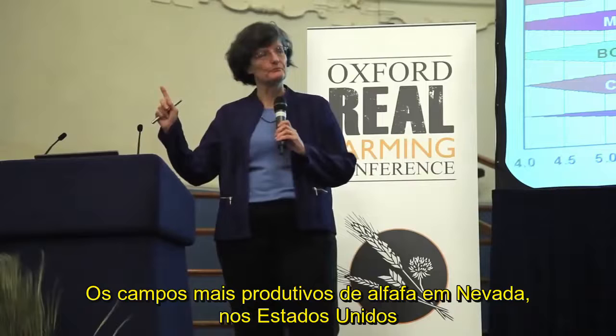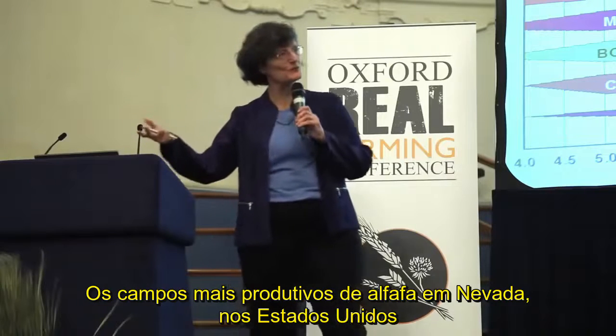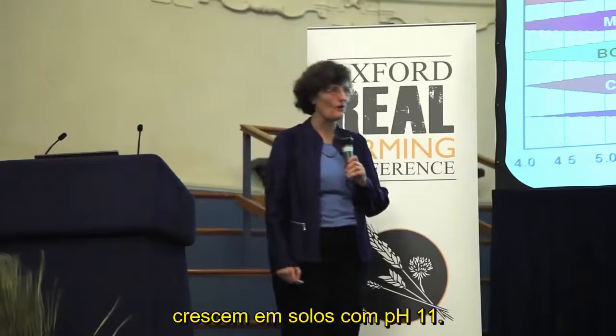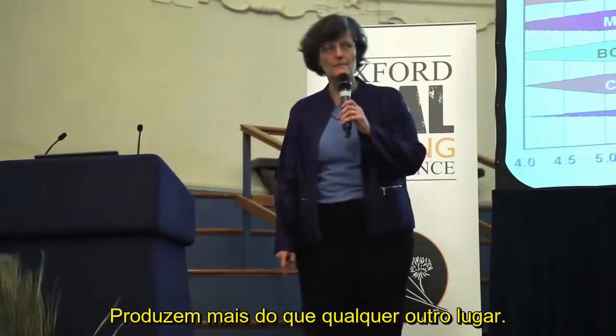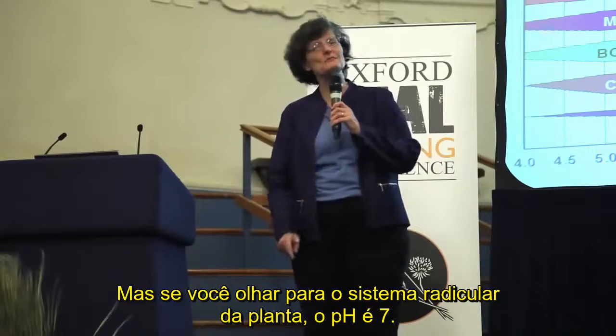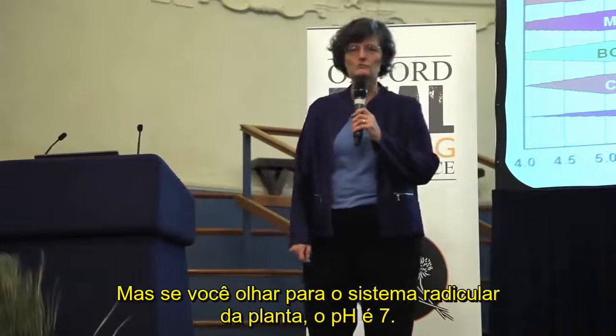Between 5.5 and 11. The highest producing alfalfa fields, or what do you call it, lucerne fields, in the state of Nevada in the United States grow in soils that have a pH of 11. Beats everybody else in the state. But when you look at the root systems of the plants, the pH is 7.0.